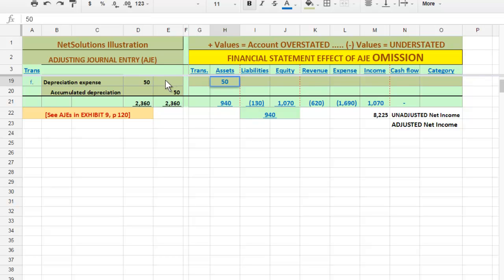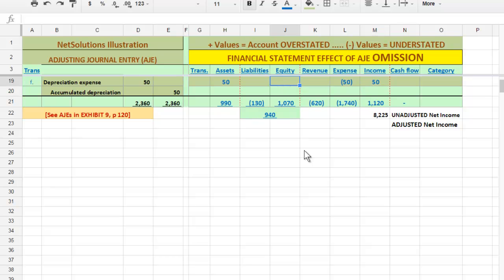If we omitted a debit side entry to depreciation expense, we would not have enough in the expense account, so the expense account would be understated. If we understate expense, we have taken too little away from revenue and accordingly would overstate the net income.